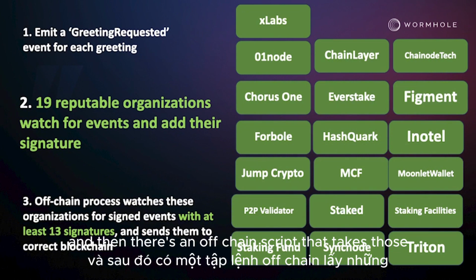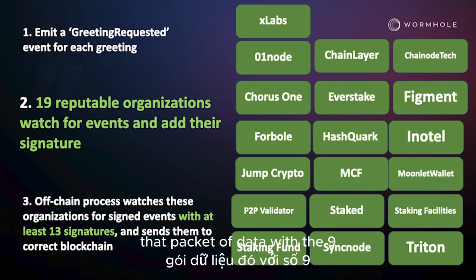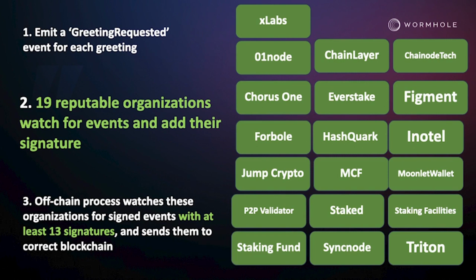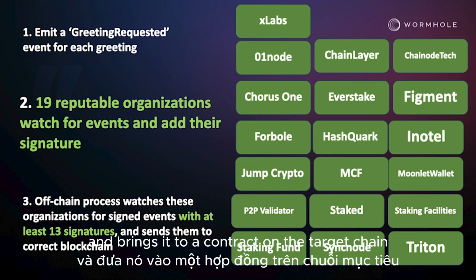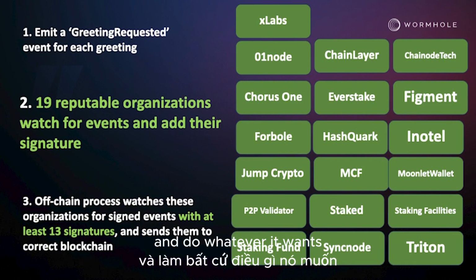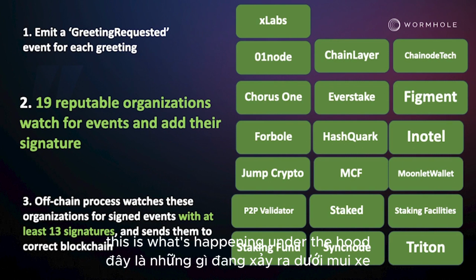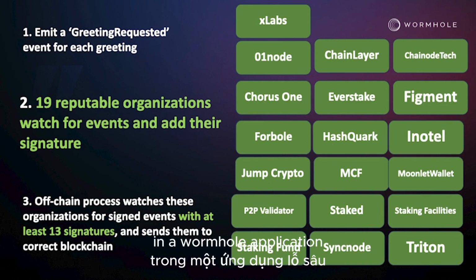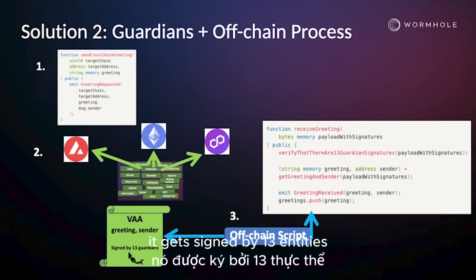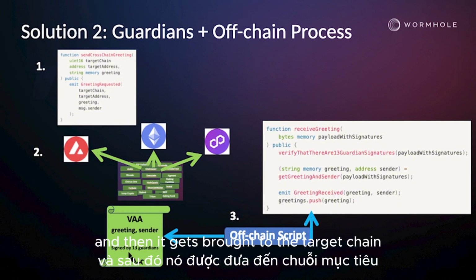And then there's an off-chain script that takes that packet of data with the 13 of 19 signatures, a two-thirds quorum, and brings it to a contract on the target chain, which then can verify the signatures and do whatever it wants. This is what's happening under the hood in a Wormhole application. You have a sending thing. You then send a message. It gets signed by 13 entities, and then it gets brought to the target chain.